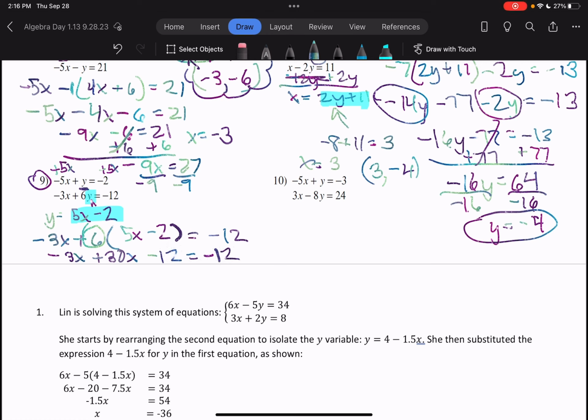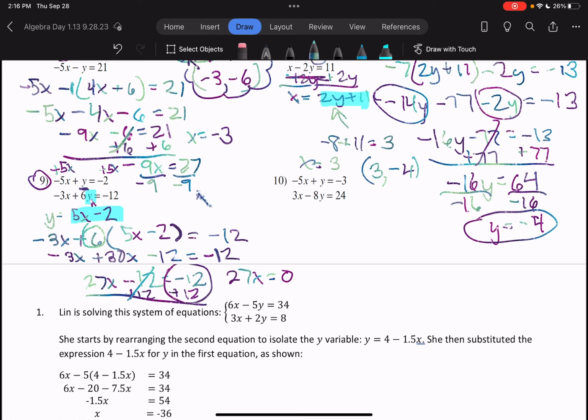All right, so now I'm going to combine these, and I'm going to get 27x minus 12 equals negative 12. I'm going to add 12 to both sides. Interestingly, what happens when I do that is this is going to be 0, but this is also going to equal 0. So now I have 27x equals 0. Well, the only thing that will work for x is 0.